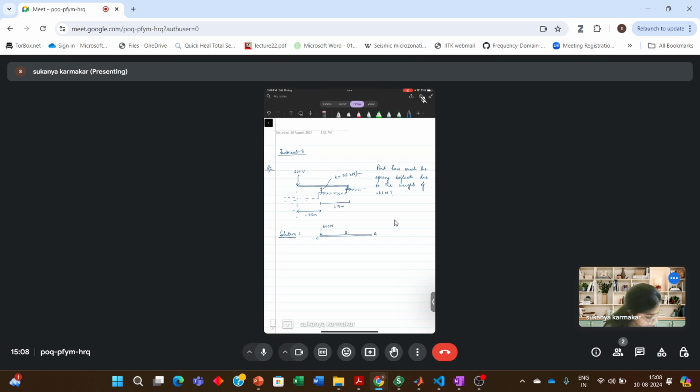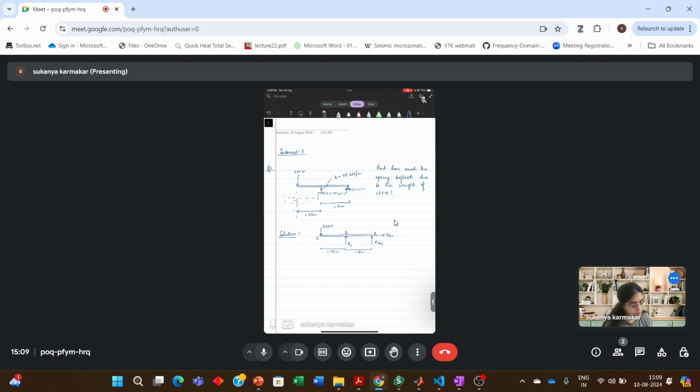Suppose here you have two reaction forces, FAX, FAY, and you have a force here, spring force Fs. These are all the external forces acting on the board. So let's mark the distances as well. This is 1.5 meter. This is 1.35.